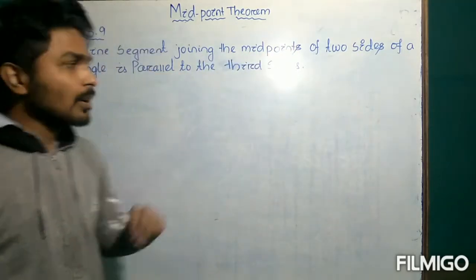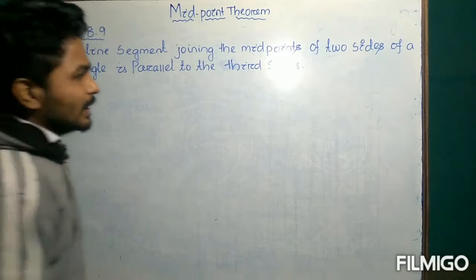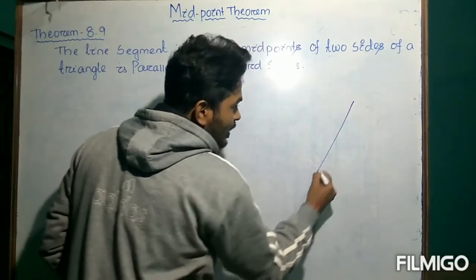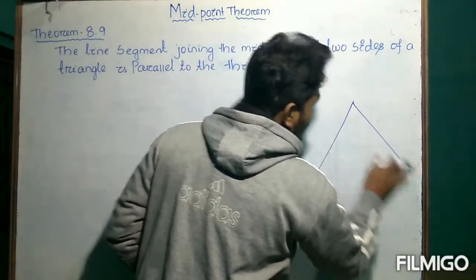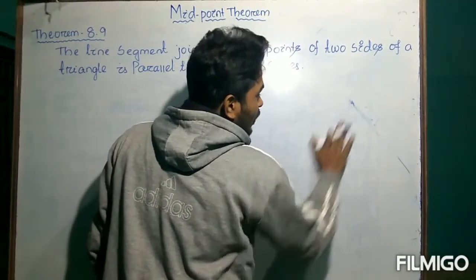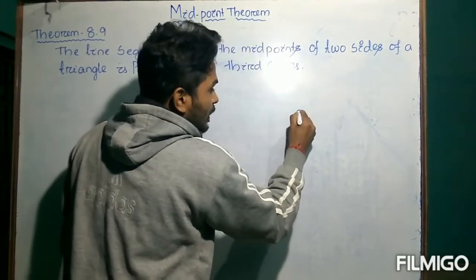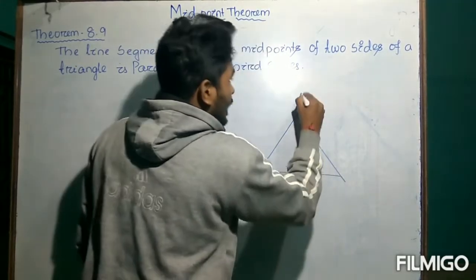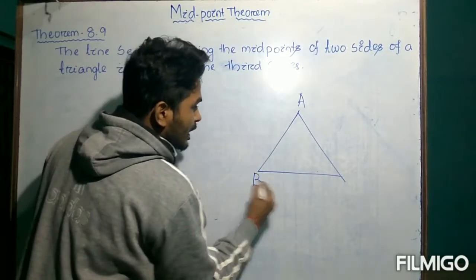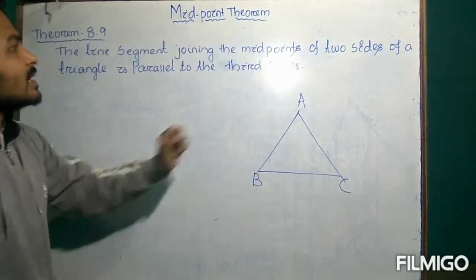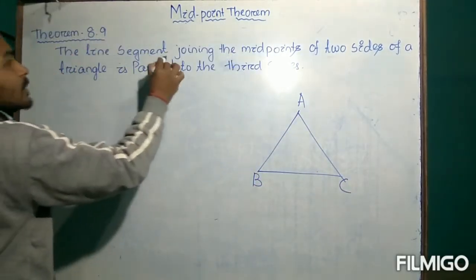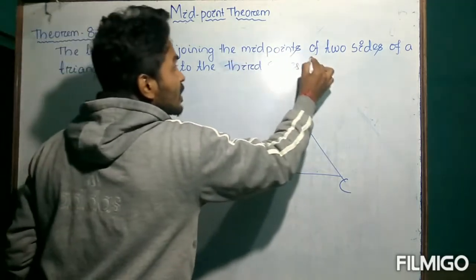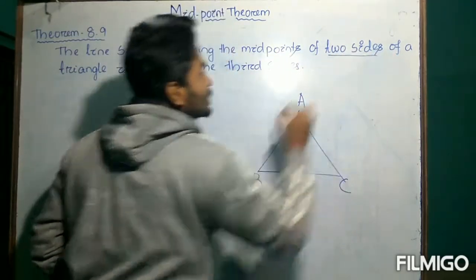Three words are there. So let us first draw a triangle. Let's say this is a triangle ABC. In this triangle it is given the line segment joining the midpoints of two sides.